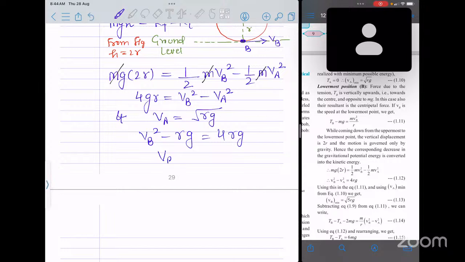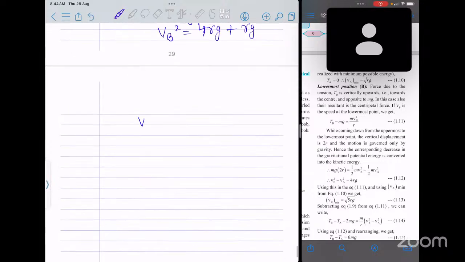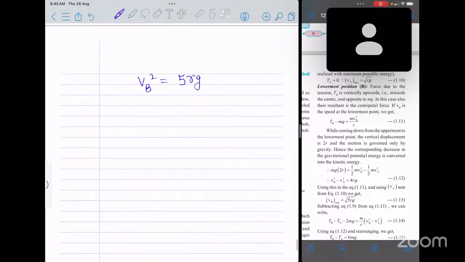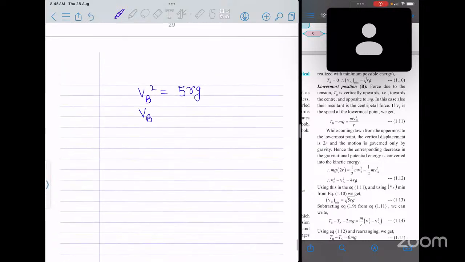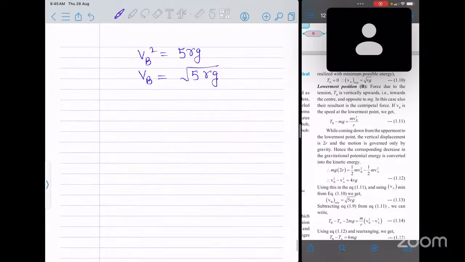So vb square will become 4r into g plus r into g. So finally, vb square will be 5 r into g, and vb will be square root of 5 r into g. So this is the minimum possible speed which should be given to the object to complete its vertical circular motion.